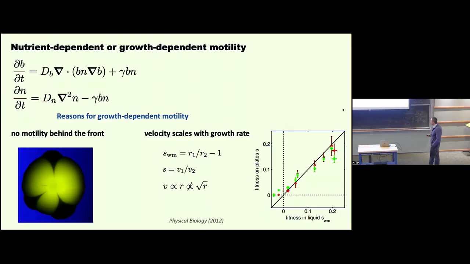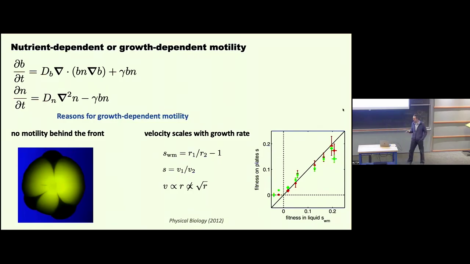And what was found is that the velocity was proportional to the growth rate, not to the square root of the growth rate, which you would expect if the motility did not depend on nutrient concentration. Okay. There was some indirect evidence that perhaps the motility should depend on the growth rate.